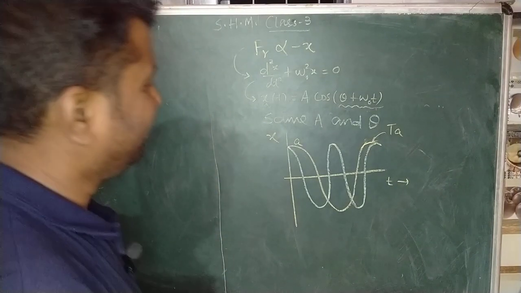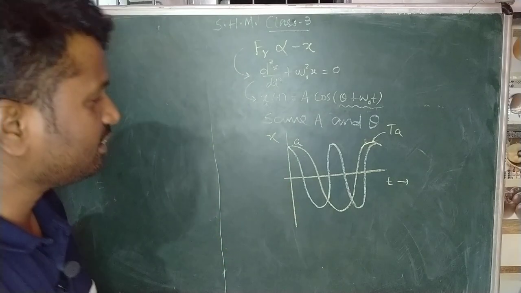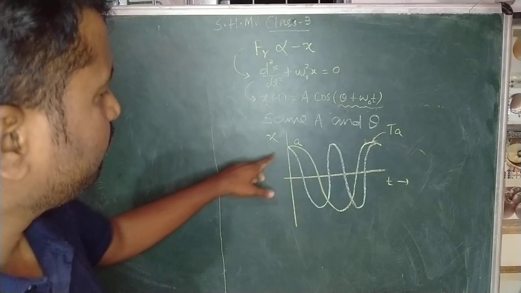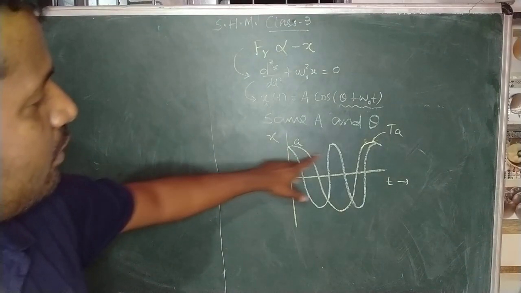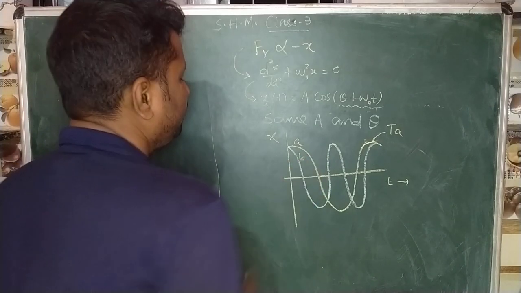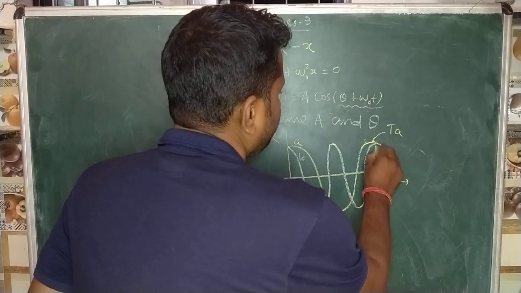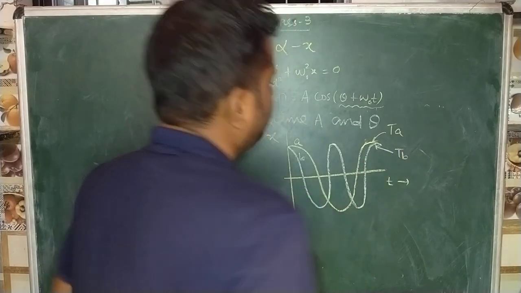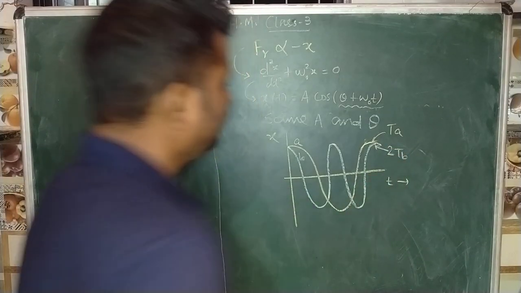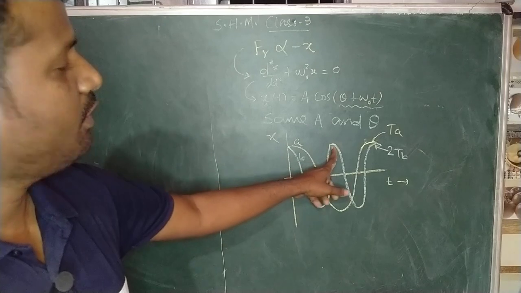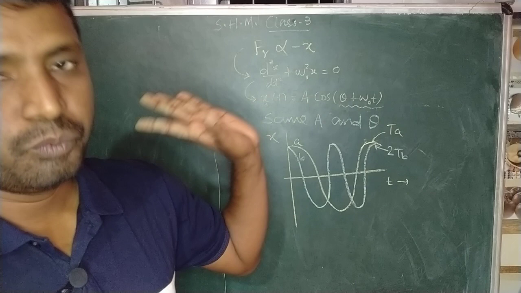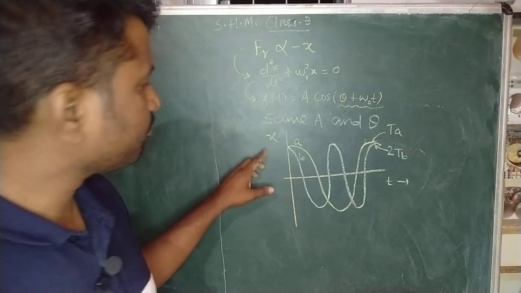How much time period? Just look at this picture and keep quiet, think about it. This oscillator is our B, and this time period is TB. Look at here, 2 TB, 2 times. Here is our one cycle. Here is another cycle. So 2 time periods, 2 TB.